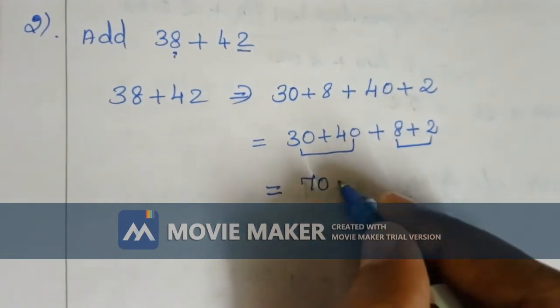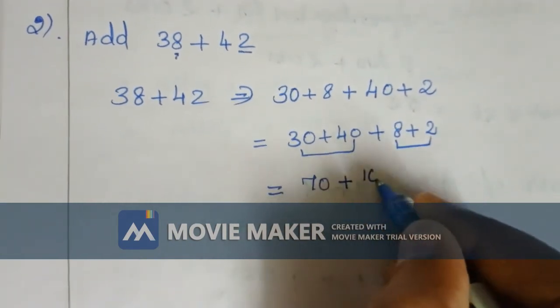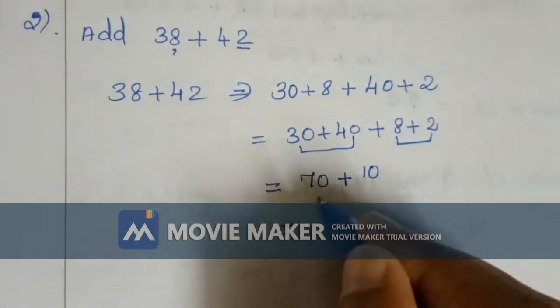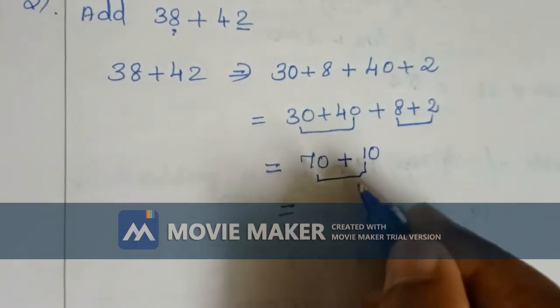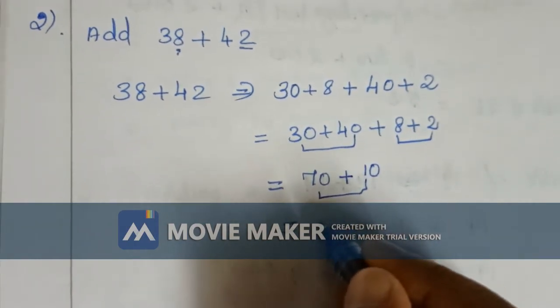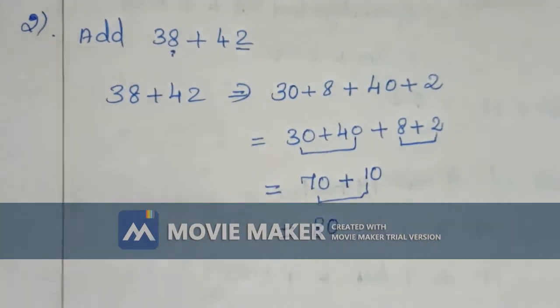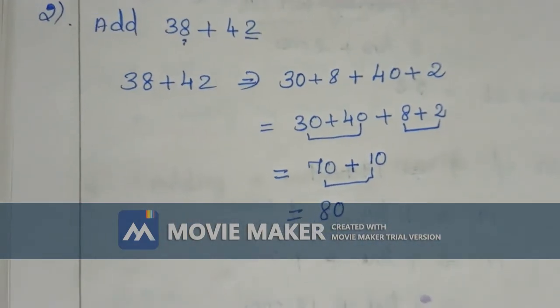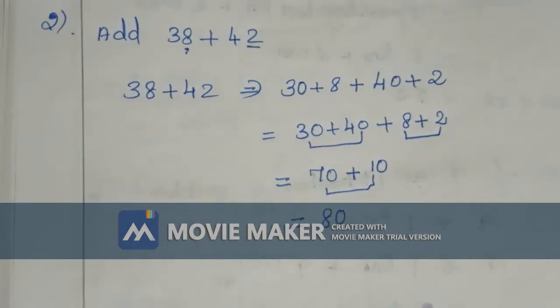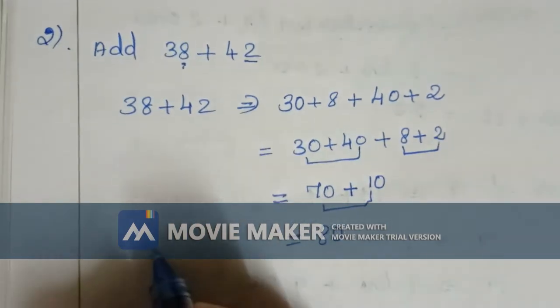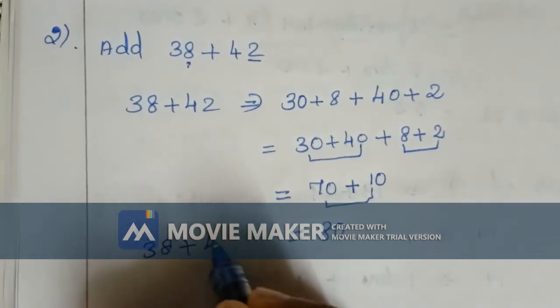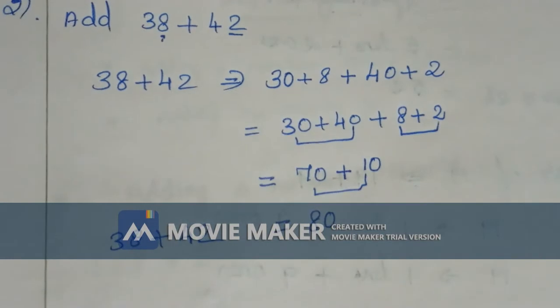So 8 plus 2 gives us 10. Now you have to add these two numbers, 70 plus 10 which gives us 80. Okay children, so 38 plus 42 gives us 80.